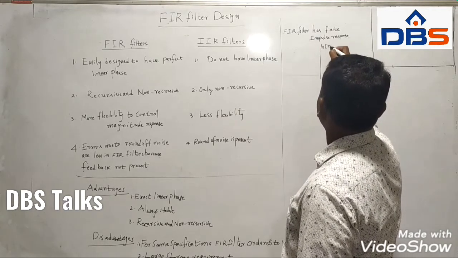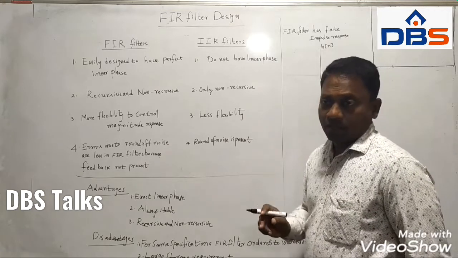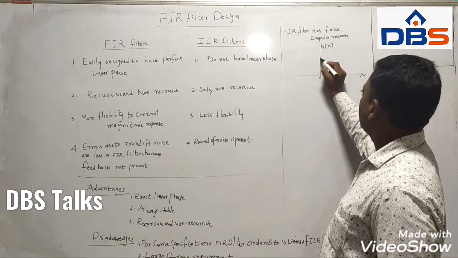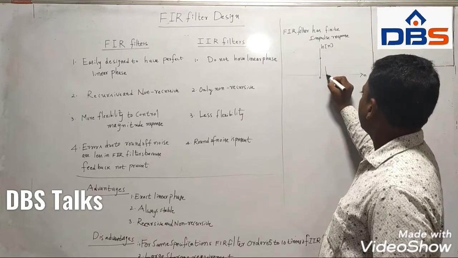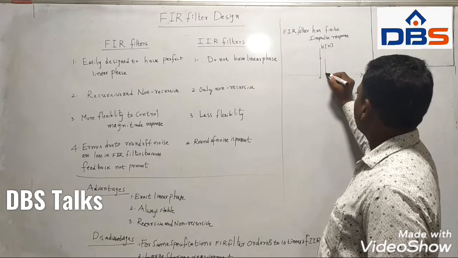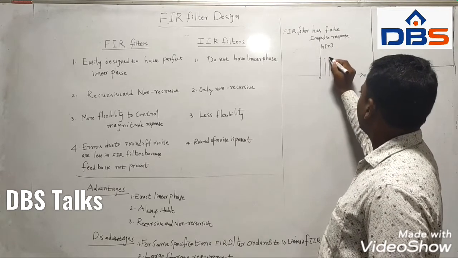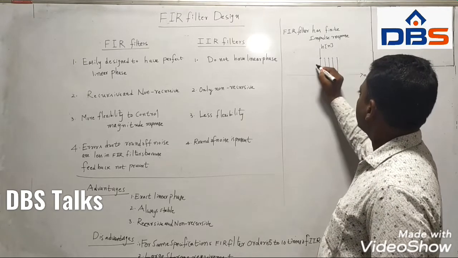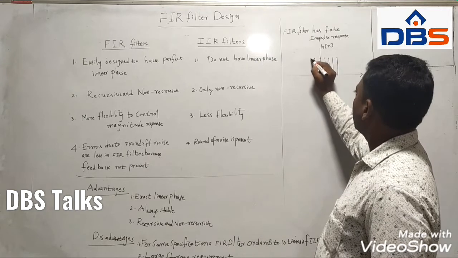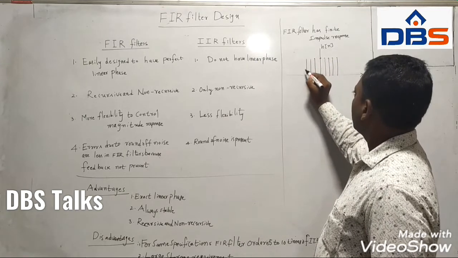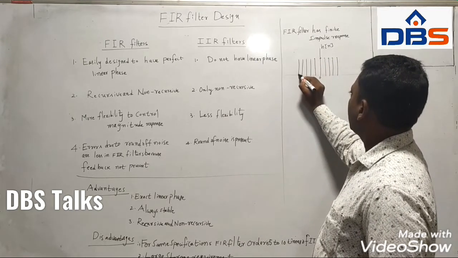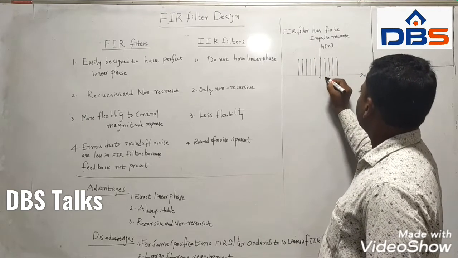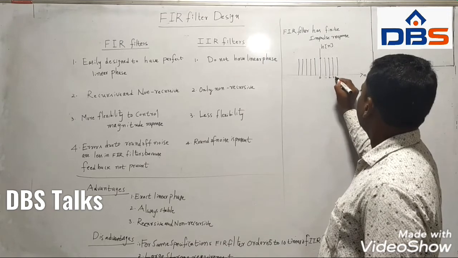So we know that h of n is used to represent impulse response, and if it is finite, see, like this. Here also 0, 1, 2, 3, 4.